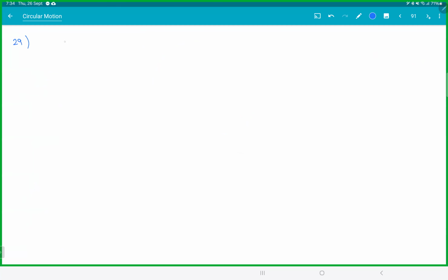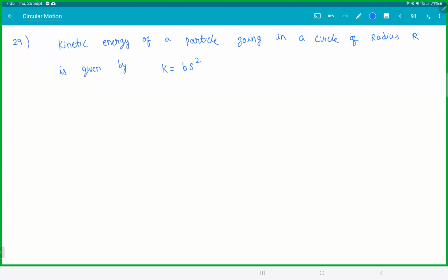So a particle is going in a circle. Kinetic energy of a particle going in a circle of radius r is given by K is equal to b into s square.